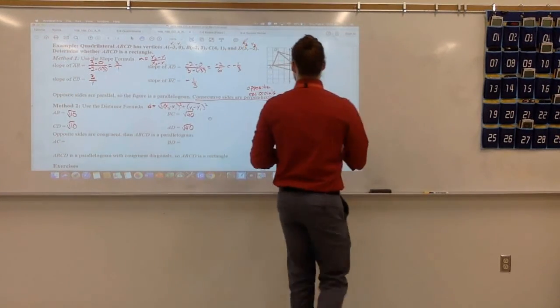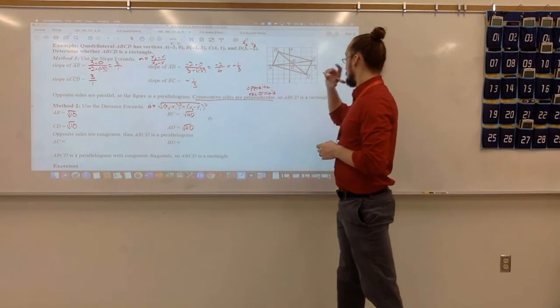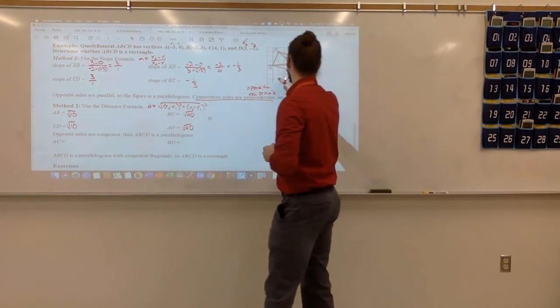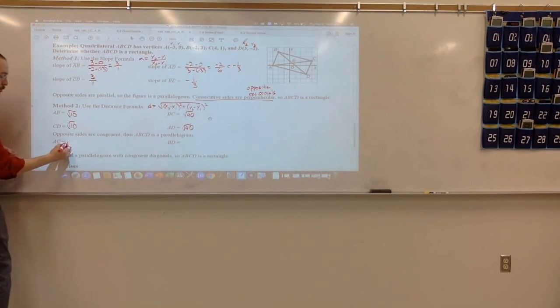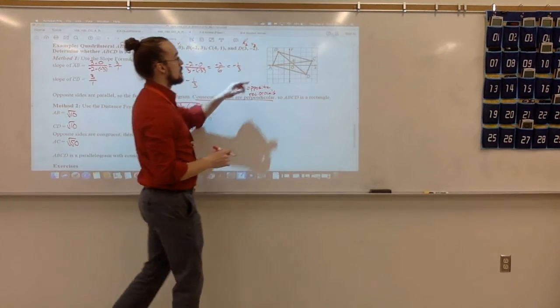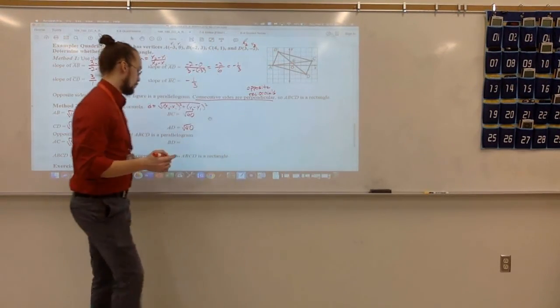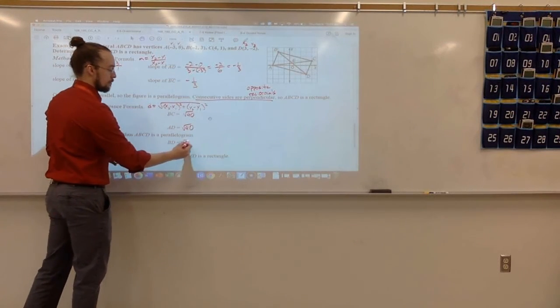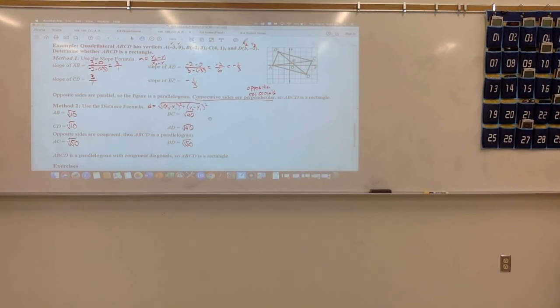So, if I look at this diagram and I find the length of AC, let's see, that's 5, 6, 7, 1, that would be the square root of 50, and then BD would also be the square root of 50. Okay, so that ends up proving that this figure is a rectangle.